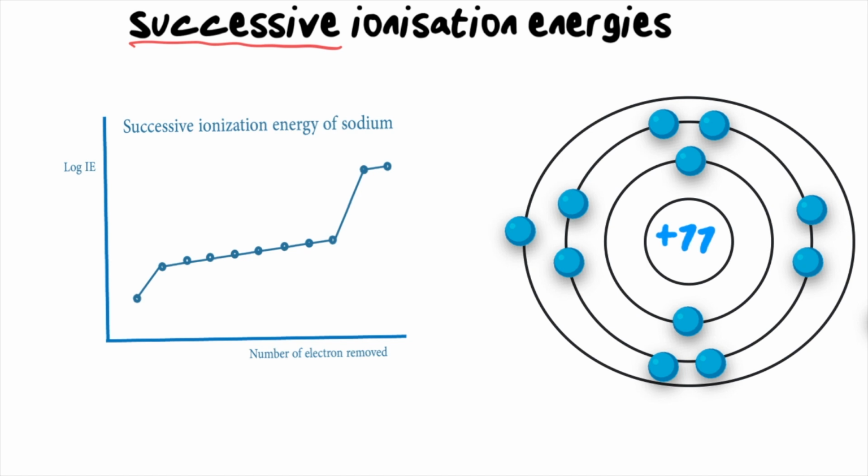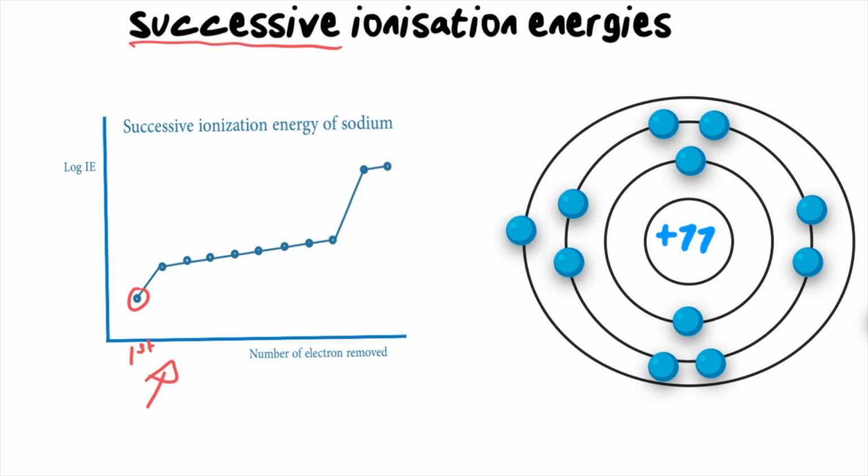What I have here on the left is a graph that shows the successive ionization energies of sodium. Notice that the first electron, where is the first electron on the graph? That's the first, which corresponds to this electron here.